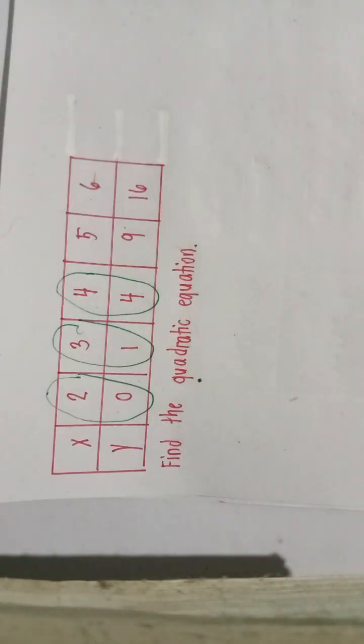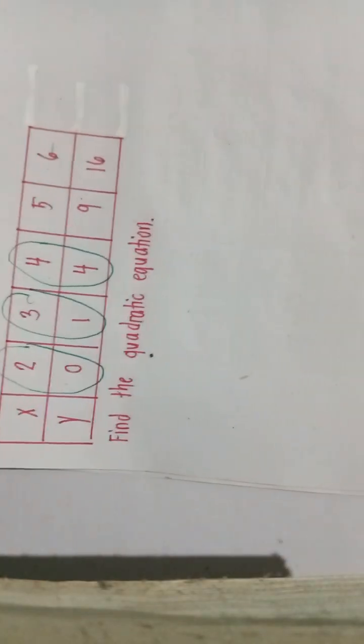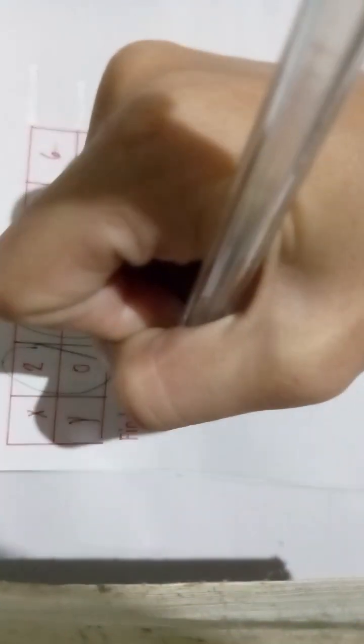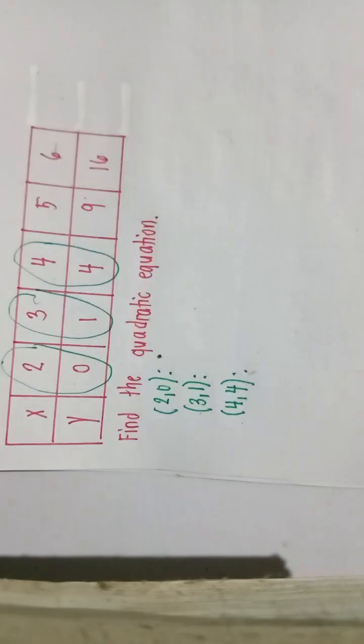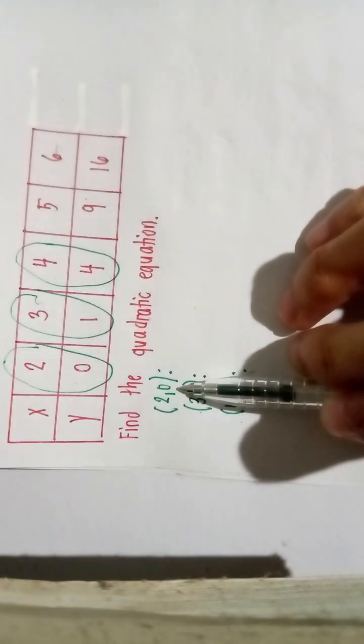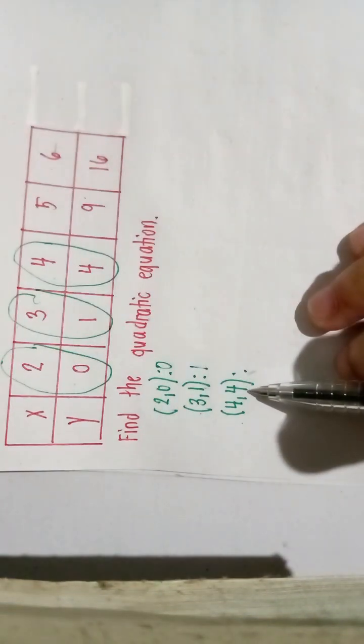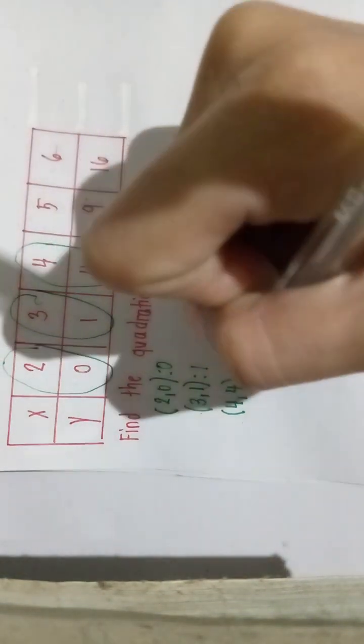So we rewrite: we have 2, 0, 3, 1, and 4, 4. Colon. Then I rewrite the y coordinate of each point. In this point, we have 0. For the next point, we have 1. And for the third point, which we chose, 4.